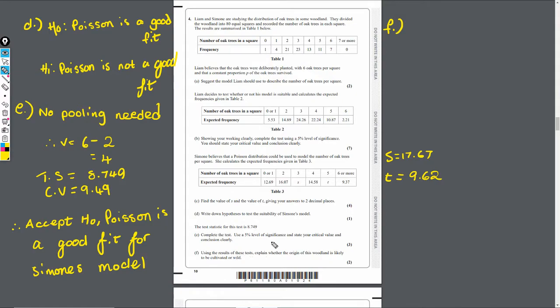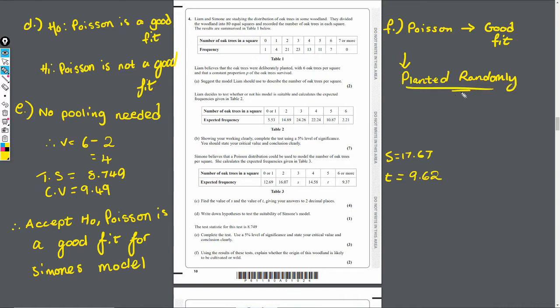Well, what we just worked out is that Poisson is a good fit. Now, if Poisson's a good fit for this model and this distribution, what that would suggest is that they are planted more randomly, because binomial, in theory, gives us a more proportionate amount. It's going to be planted almost methodically. But with it being Poisson, what that implies is that it's almost planted randomly. Okay, so planted randomly.